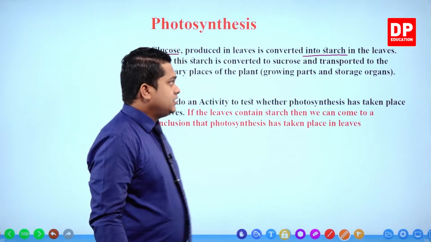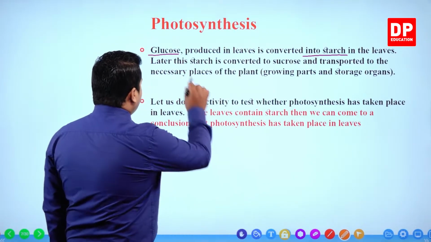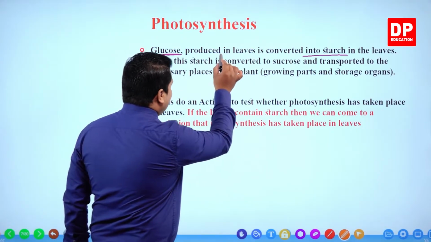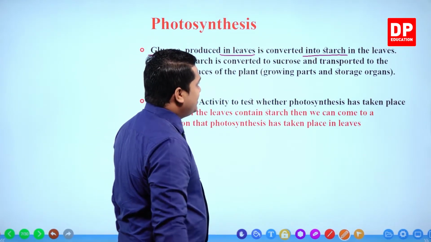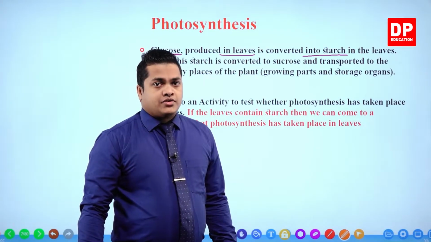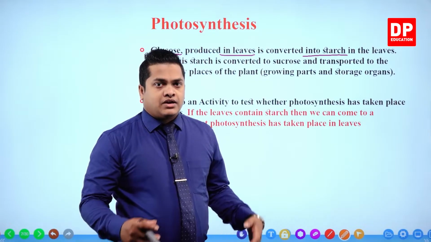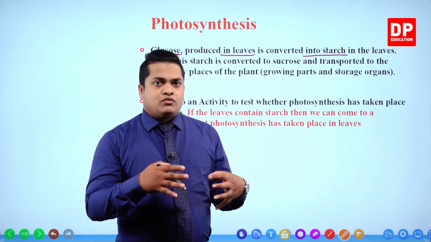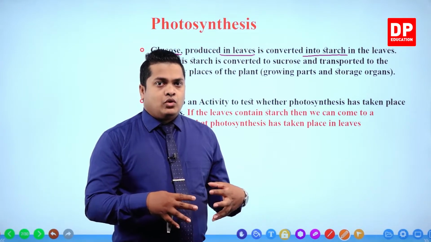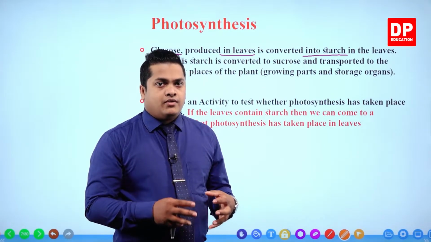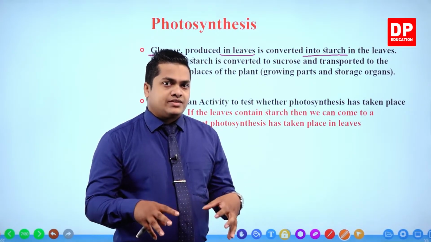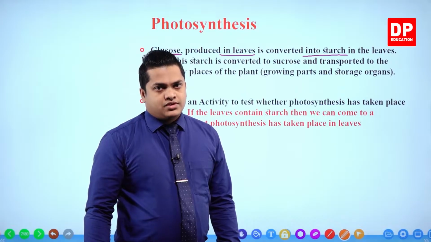So my dear children, remember the glucose which is produced under the photosynthesis process in the leaves is converted into starch. It's not going to happen suddenly, but upon the production of glucose, time by time, all the glucose is collected together and converted into starch.